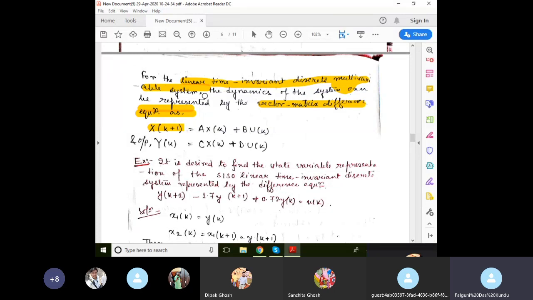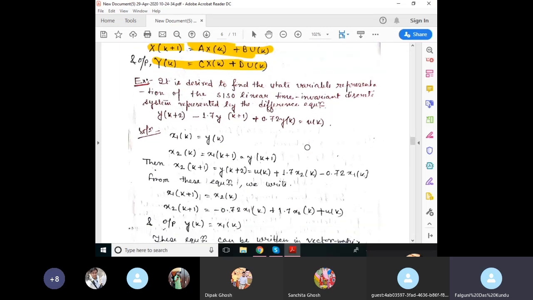In case of an LTI continuous system, we express the state space by a vector matrix differential equation, but in the discrete case it is a difference equation, and here the equation becomes x of k plus 1 is equal to Ax plus Bu of k, and the output y of k is equal to C of x k plus D of u k. Now we are going to discuss an example for more elaboration.